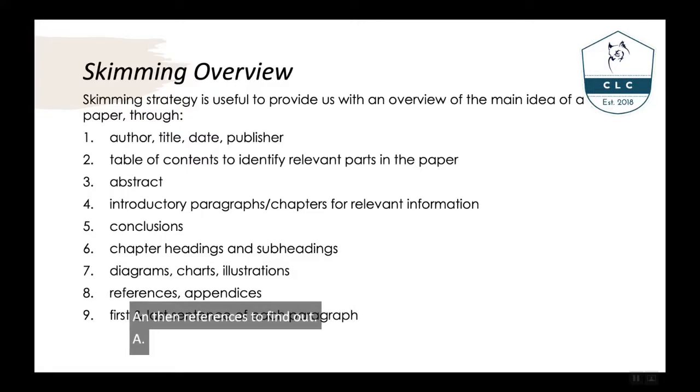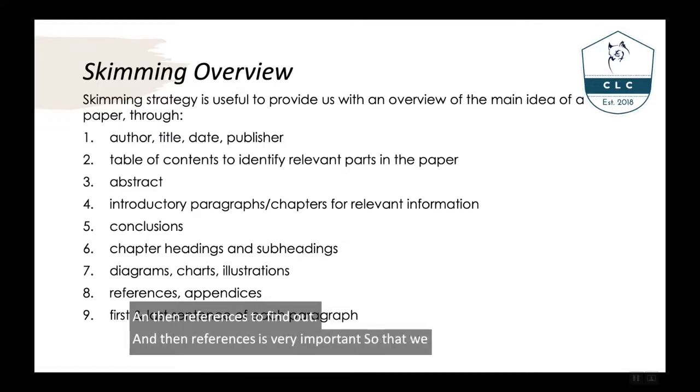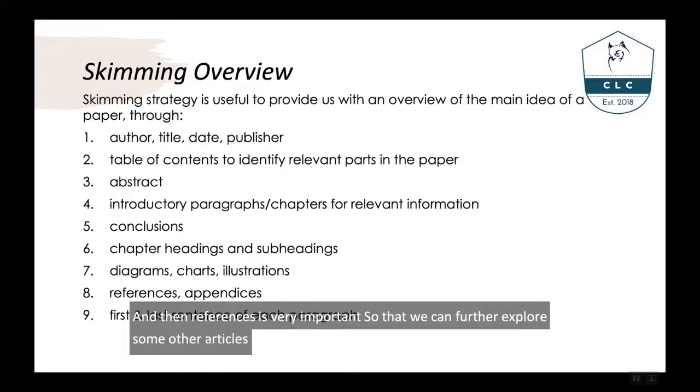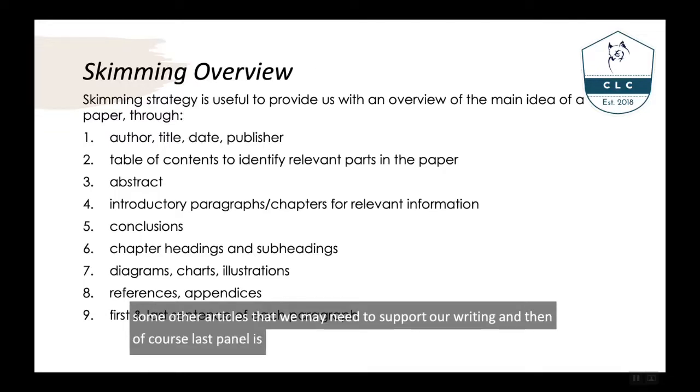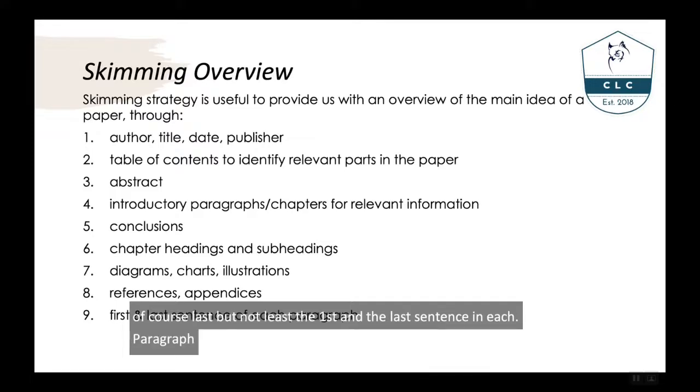And then the references are so very important, so that we can further explore some other articles that we may need to support our writing. And then, of course, last but not least, the first and the last sentence in each paragraph to find the main idea of those paragraphs.